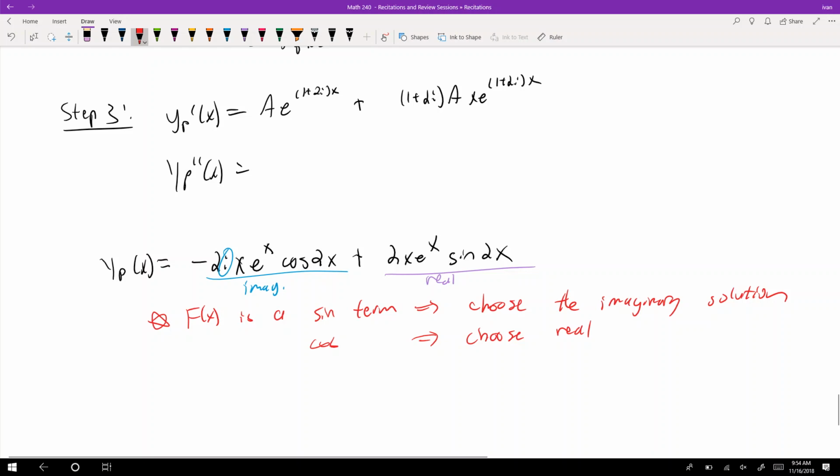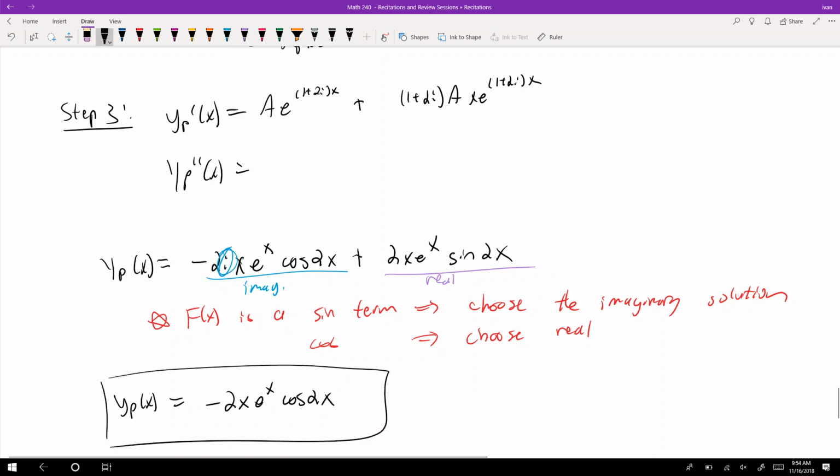But since f of x is sine, we choose the imaginary solution. So our correct choice of yp of x is equal to negative 2x e to the x cosine 2x. Notice that I dropped the i when we choose our solution. Then this is the correct choice of yp, and then you add it to your homogeneous and you're done.